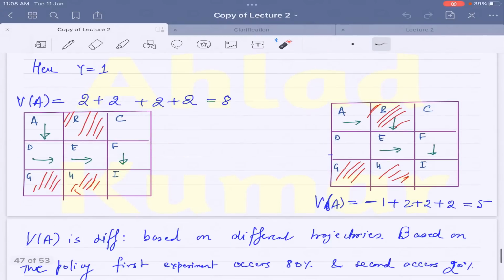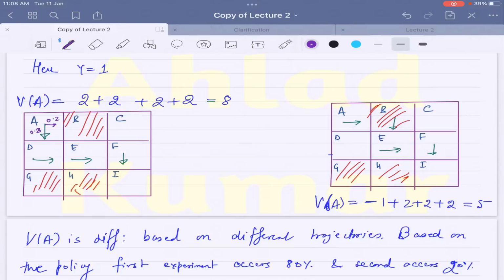So here you can see when the agent starts from state A, there is a 0.8 probability that it will go down and a 0.2 probability that it will go to the right. You can see the arrows, I am making them of different length. The probability of going right is 0.2 and the probability of going down is 0.8. So the 0.8 arrow is bigger than the 0.2 arrow, just to signify that the probabilities are different in both the directions.